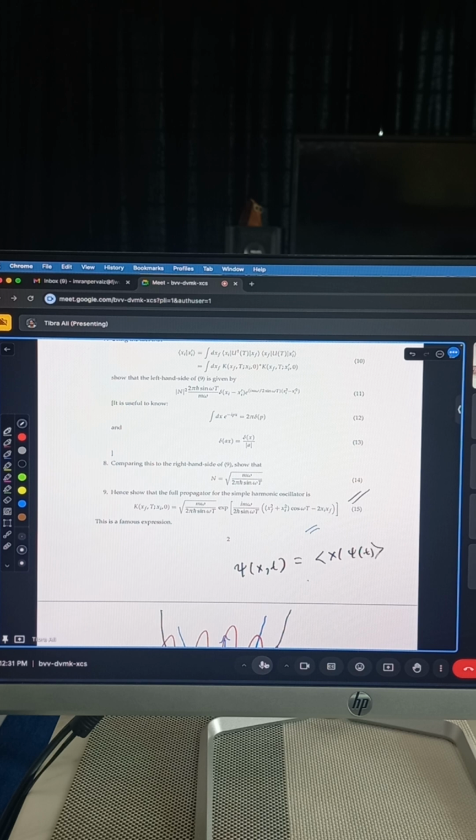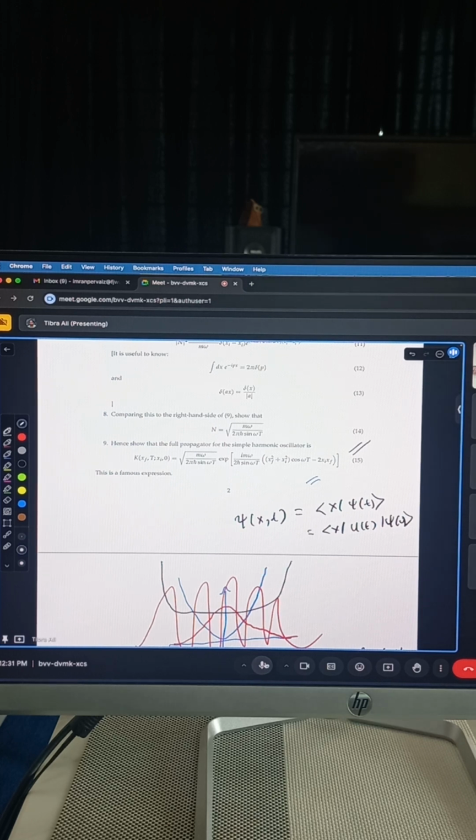And then you want to express this as x u of t x prime psi of t, with an integral over dx, and here you have the propagator, right? So that's where the propagator will come in. Okay.